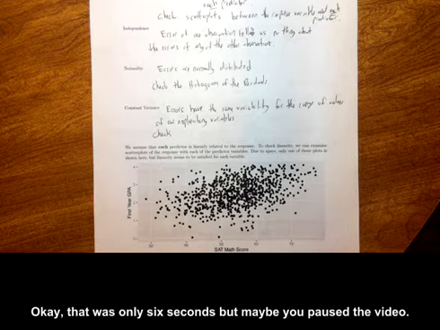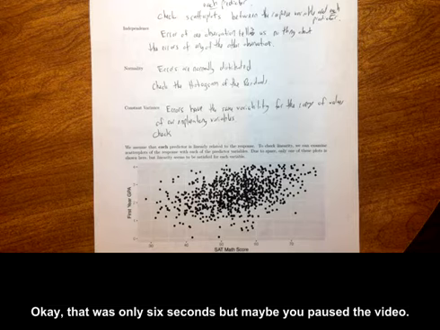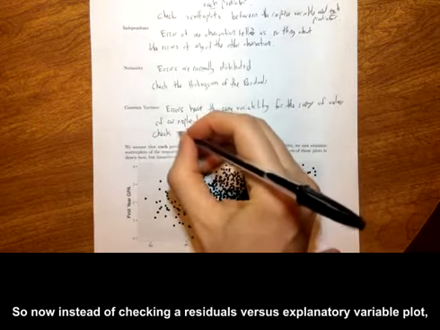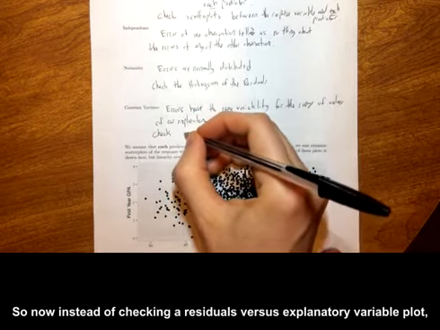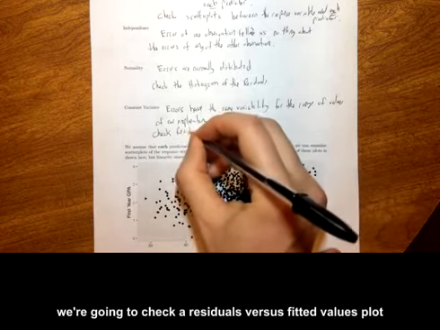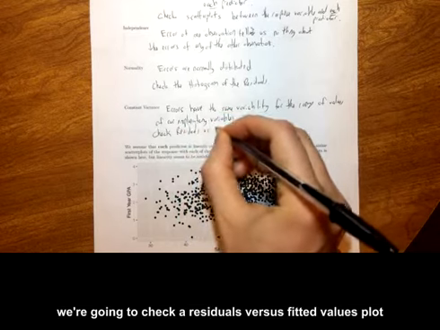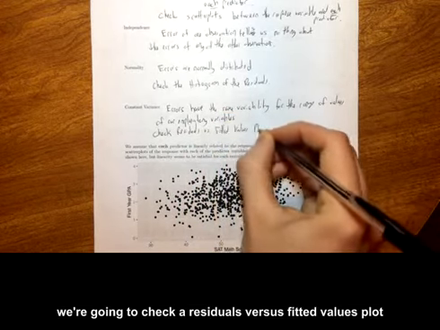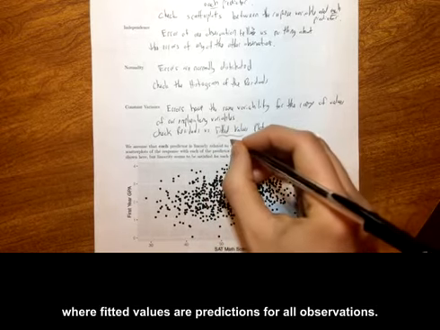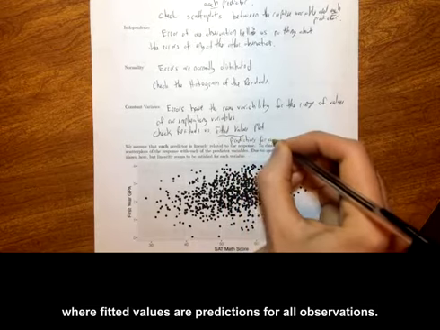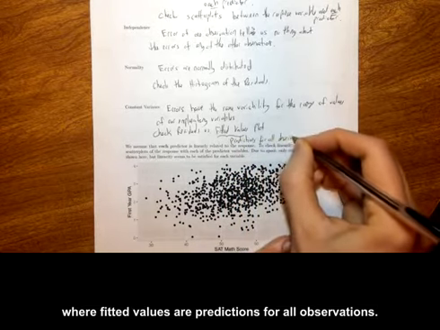Okay, that was only 6 seconds, but maybe you paused the video. Now instead of checking a residuals versus explanatory variable plot, we're going to check a residuals versus fitted values plot, where fitted values are predictions for all observations.